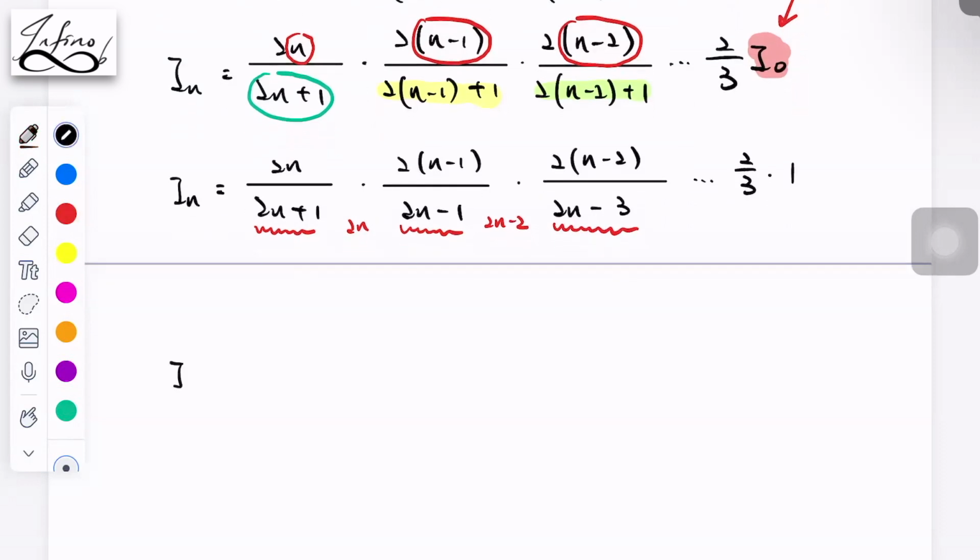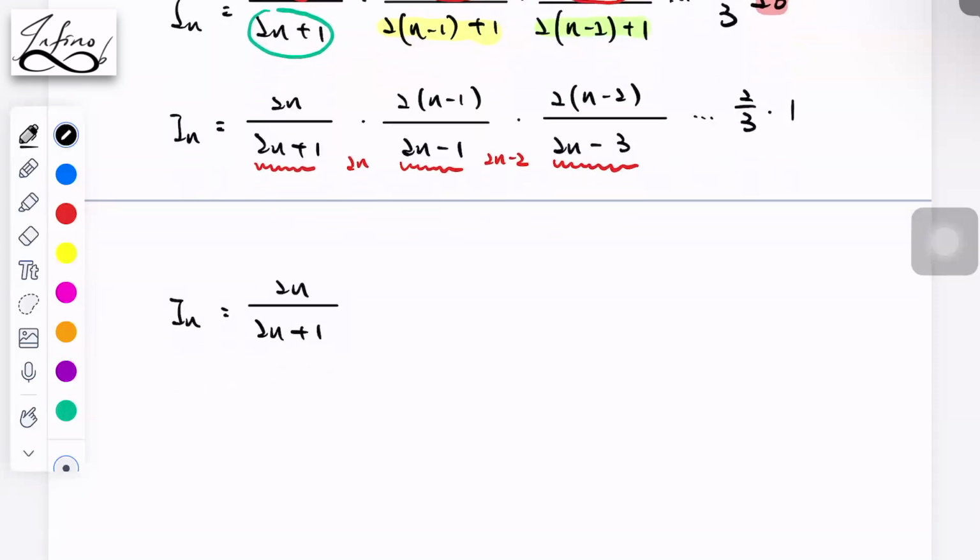So you have 2n over 2n plus 1. Let me use black to indicate the original term. And then you have 2n minus 1, and then this is 2n minus 1, and then originally you have 2n minus 2, and then this is 2n minus 3, dot dot dot, 2 over 3 times 1.